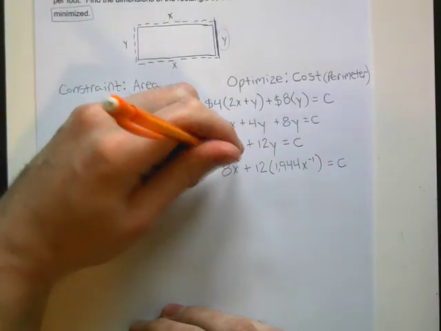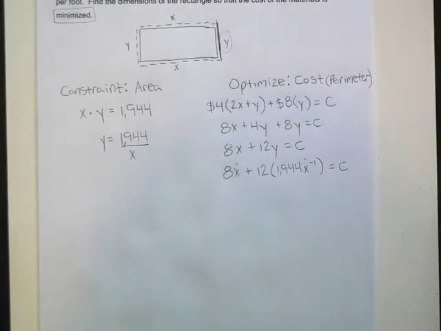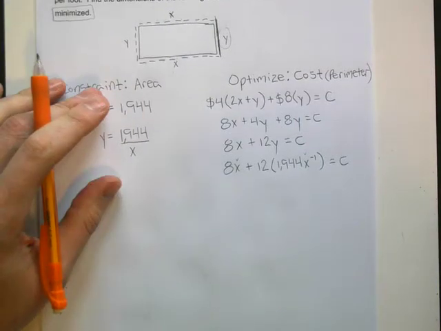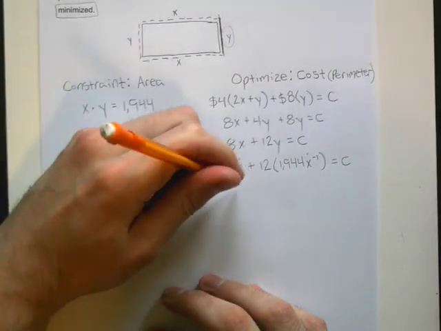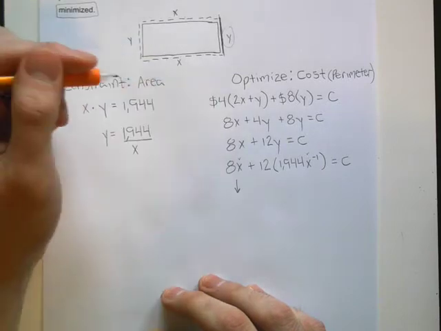All right, so we have our cost equation set up. This is going to help us find what our x dimension is. In order to do that, we need to find our critical points, and then we need to figure out if that critical point is a minimum or a maximum. So to find your critical points, just like we did all last week, we want to take derivatives.